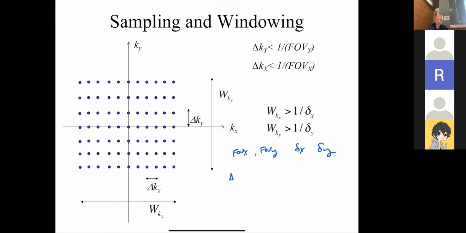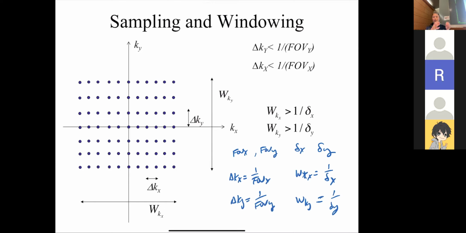So you simply say delta KX equals 1 over field of view of X, delta KY equals 1 over field of view of Y, and then WKX is just 1 over delta X, and WKY equals 1 over delta Y. Okay, so that's all you really need to do. And then you just need to design the gradients to achieve those design rules. We'll go over an example of that for spin warp.